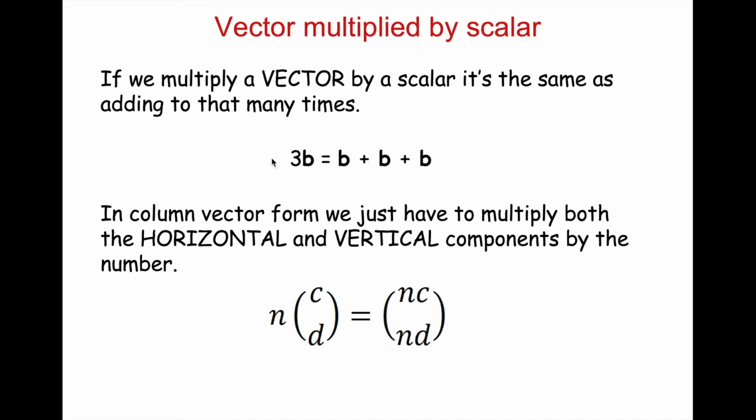If you have 3 times vector b, that's just equal to b plus b plus b, just like in common algebraic math operations. In a column vector, if you multiply the x and y components by a number, say n, that's just equal to n multiplied by c and n multiplied by d.